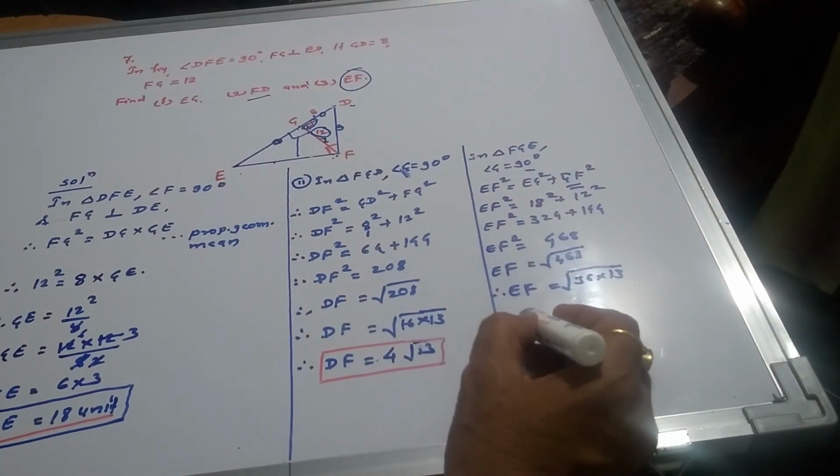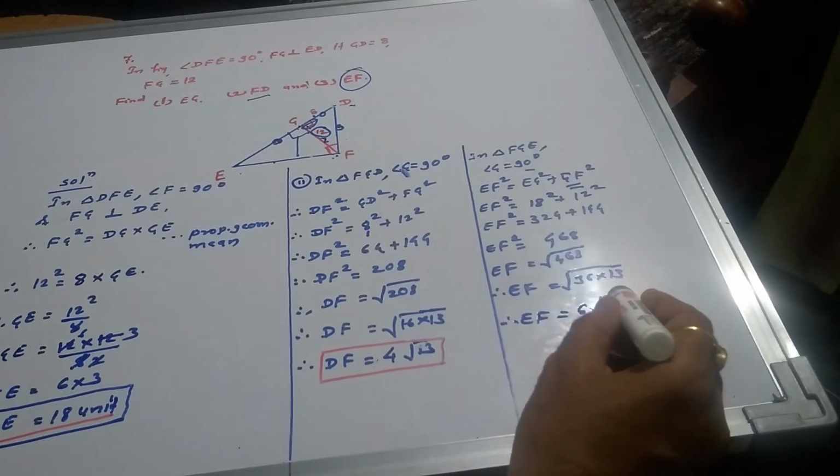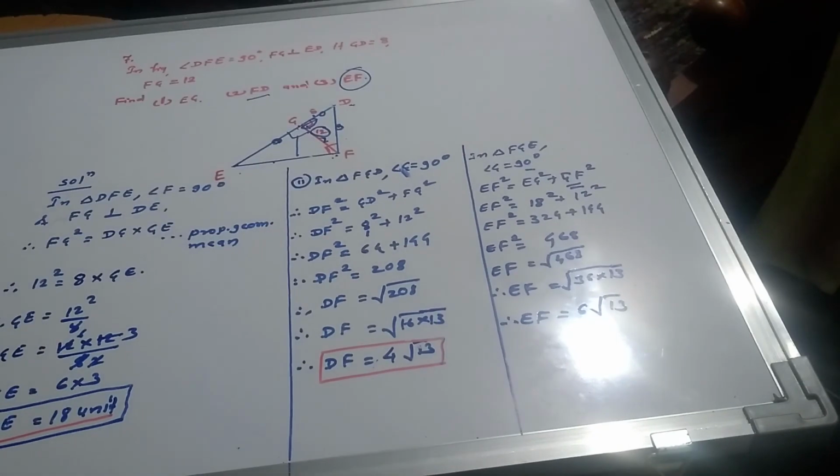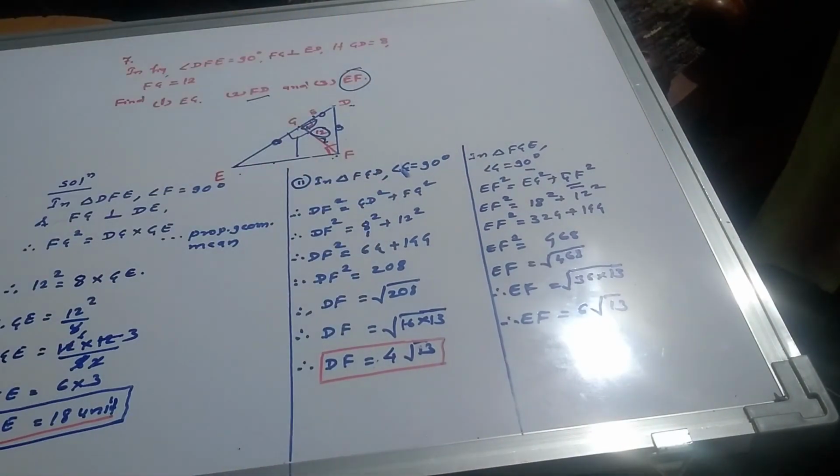Therefore EF is equal to 6 root 13. In this way we can find the answers of these questions by using geometric mean, and again by using the Pythagoras theorem in the two triangles which are formed by the perpendicular.